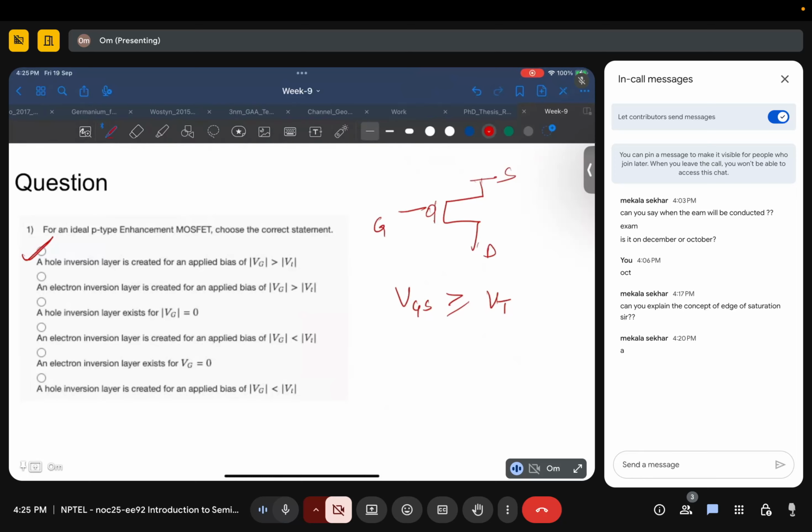And VT is always negative. So what you can have is VSG equal to mod VT. Generally we have VDD here and some lower voltage there. So VSG is VDD, then your transistor turns on. So it is option A.